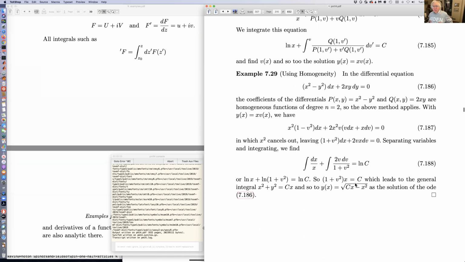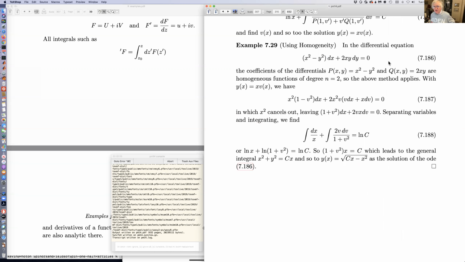So an example, suppose this is our differential equation. Then we have p is x squared minus y squared, q is 2xy. These are both homogeneous of degree 2.